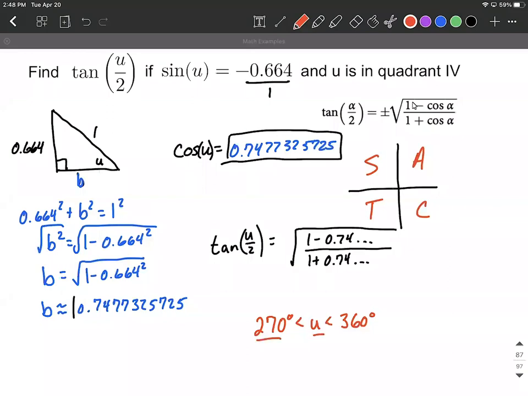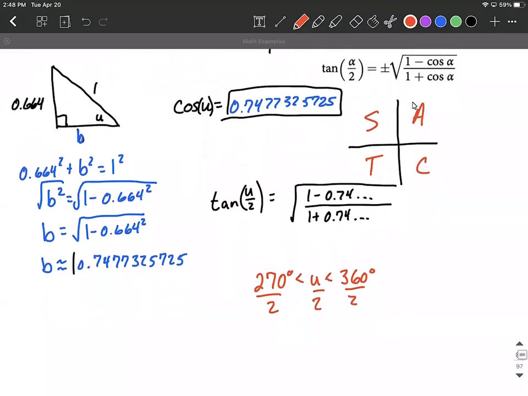So what we can do is divide each one of these by 2. That's going to put us at 135 degrees is less than u over 2 is less than 180 degrees. As you'll recall from our quadrantal angles, 90 degrees to 180 degrees is the second quadrant. So u divided by 2 is in the second quadrant.